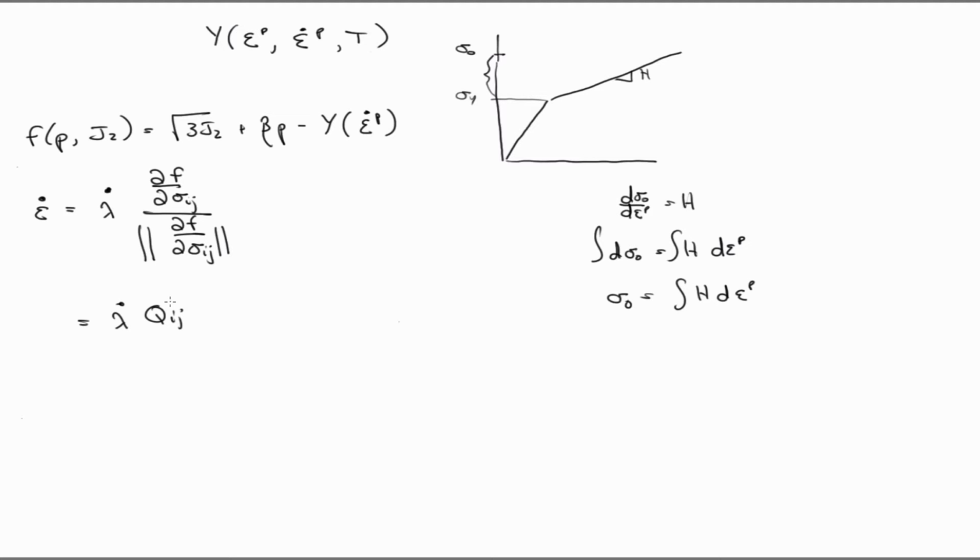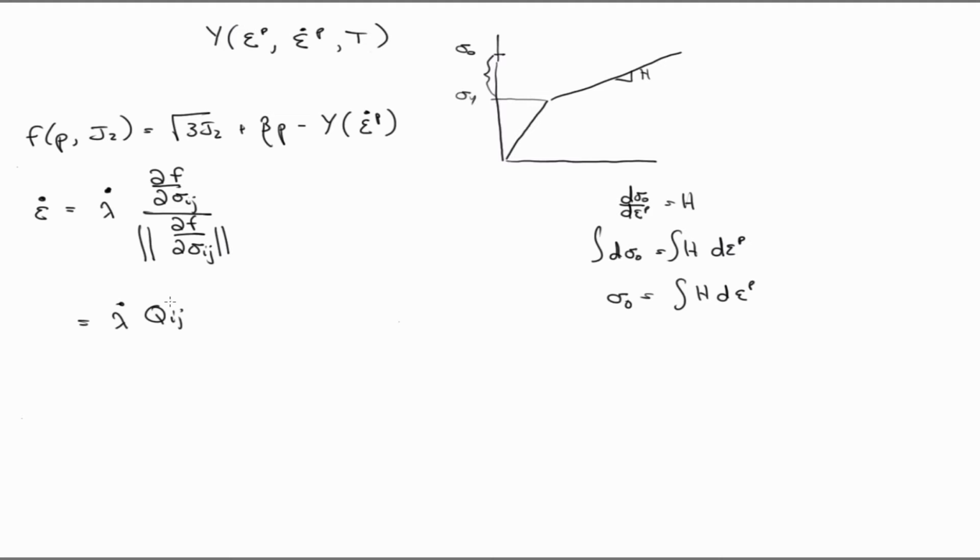We could also write this without this denominator, and then in the solution process the vector would be the same direction, it would just have a different magnitude. So when you solve for your multiplier, it would be a different value. But it's something you're eliminating anyway. It's just a constraint multiplier that you're eliminating in the solution process, so it doesn't really matter if you carry this or not.